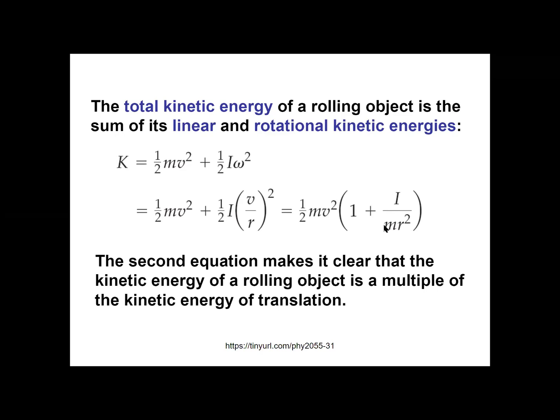Okay, so this is the total kinetic energy for an object that is rolling, meaning it's having linear motion and rotational motion at the same time. You can see the total kinetic energy is a multiple of its linear kinetic energy, multiplied by a factor, which is 1 plus the moment of inertia divided by mR squared.